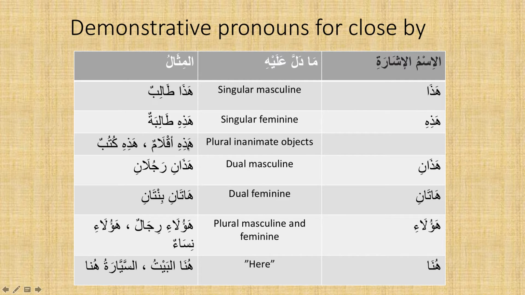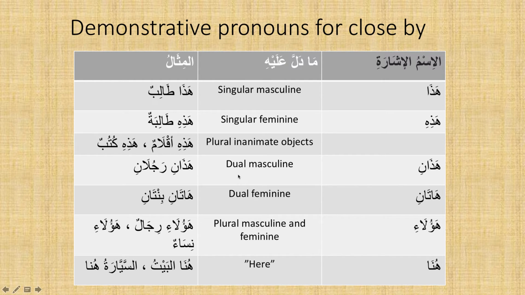For example, we would say هذه أقلام. أقلام is the plural of قلم, which is pen. Pen being an inanimate object, for the plural of it we would say هذه أقلام. Likewise, we would say هذه كتب, كتب being the plural of كتاب.